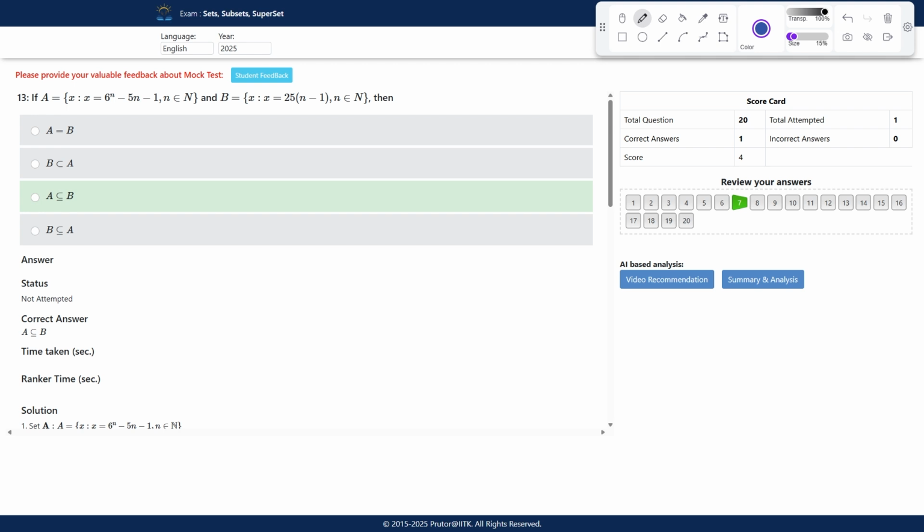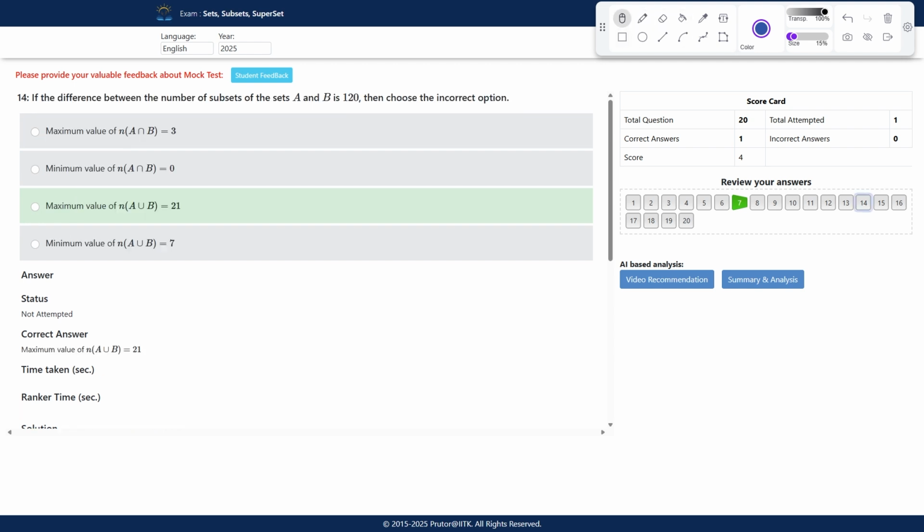So shall we move to the next? That question will be our last. Moving to the final question. Please do attempt all the questions from this set or today's DPP. If you find any difficulty, let me know what you are facing.